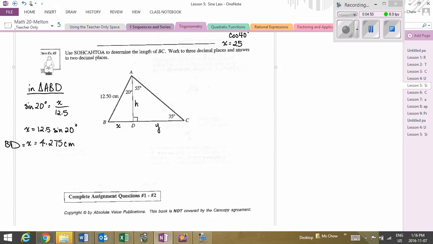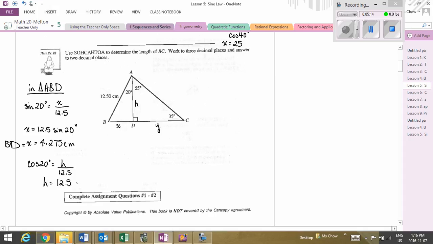However, since x is a found value, ideally I want to use values that are already known, so I'll stick with that 20 degrees and the hypotenuse. The height h becomes the adjacent, so that will be cosine. So cosine of 20 degrees is equal to h over 12.5. So h will equal 12.5 times the cosine of 20 degrees.